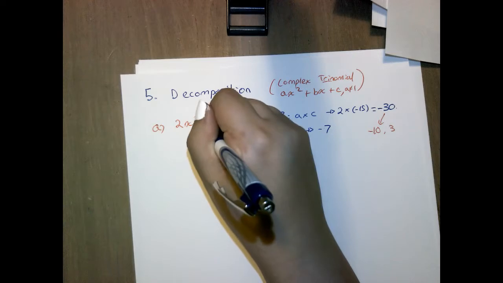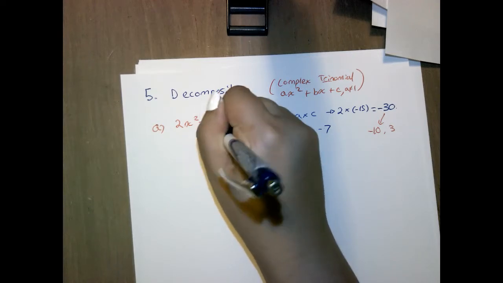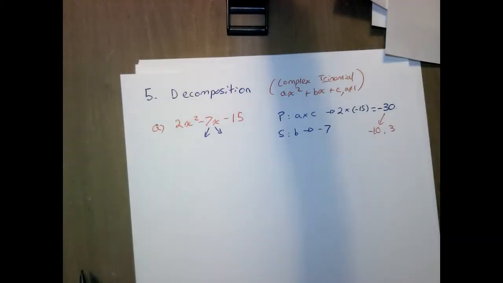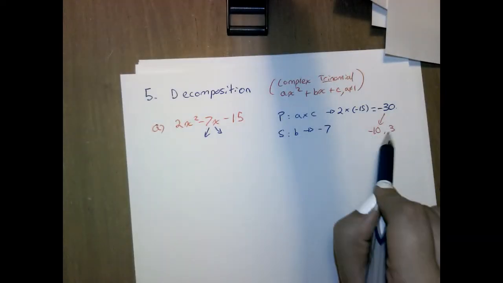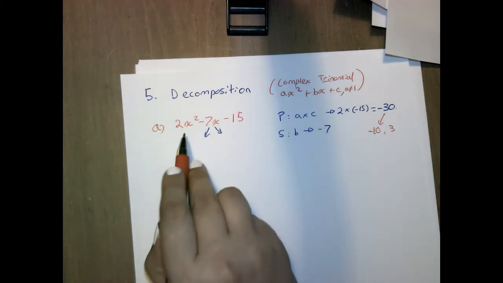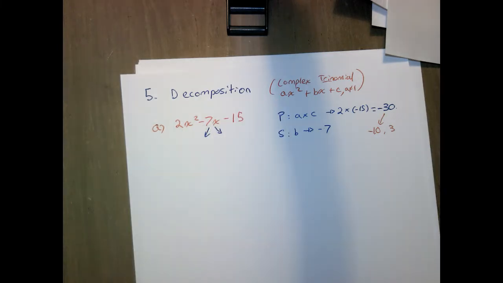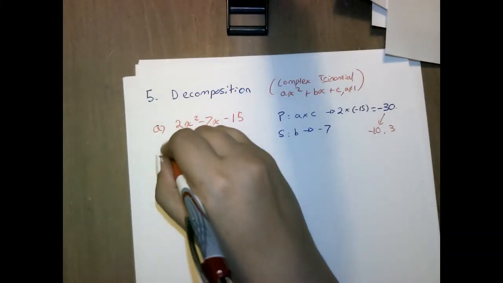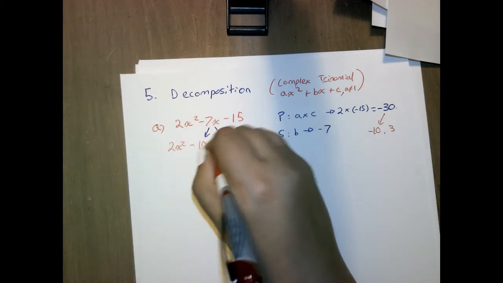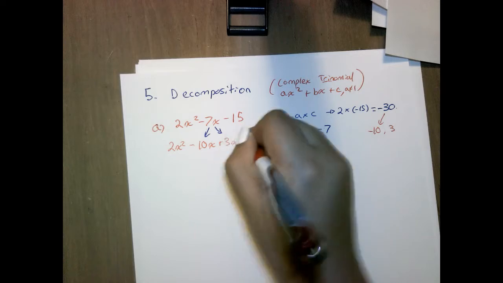So instead, what we need to do is break this middle term into the 2 numbers that add to negative 7. So what we're going to do is we say that 2x squared minus 7x minus 15 is the same as 2x squared minus 10x plus 3x minus 15.